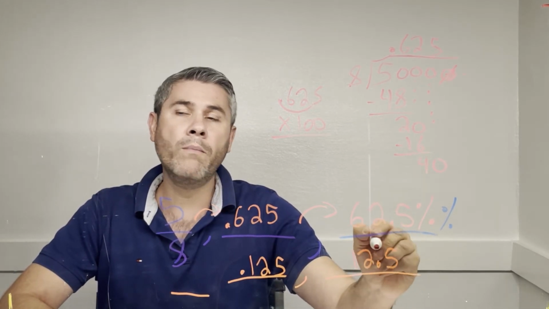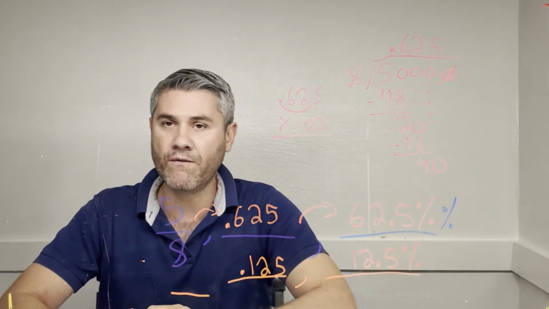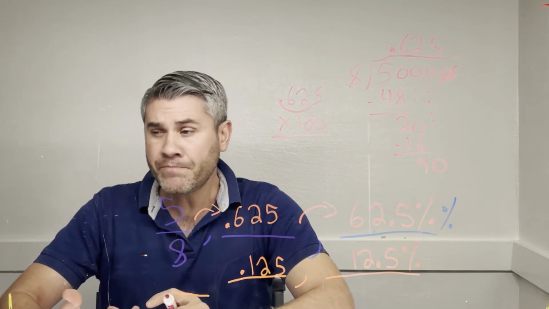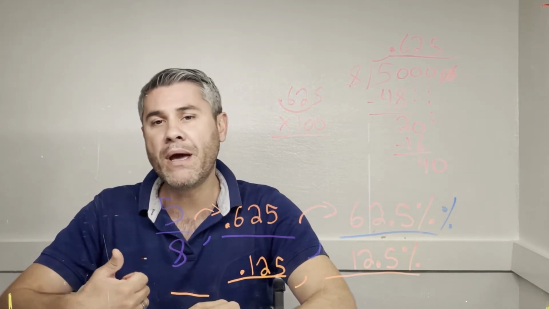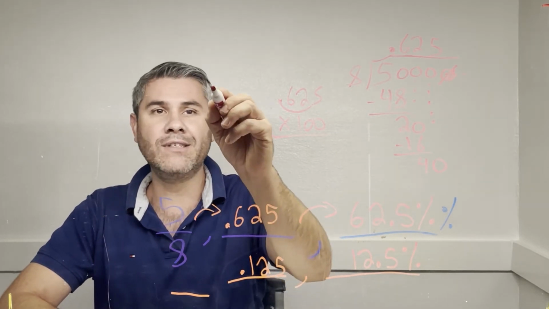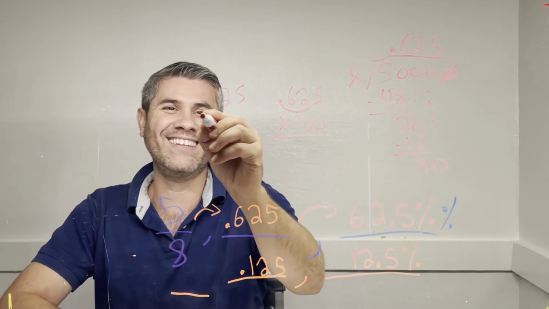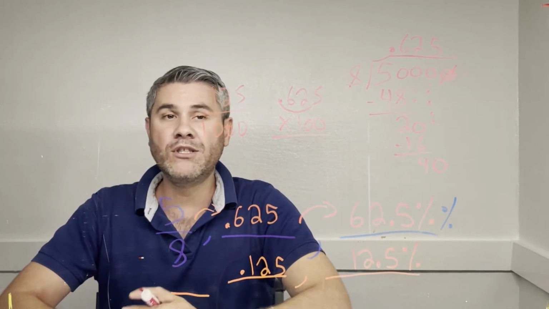That's simple. 0.125 or 125 thousandths is nothing more than 12.5%. Fraction, if you read the number correctly, that's going to guide us how to make it a fraction, guys. So it's 125 what? Thousandths. So it's 125 over 1,000. That's pretty much the answer.